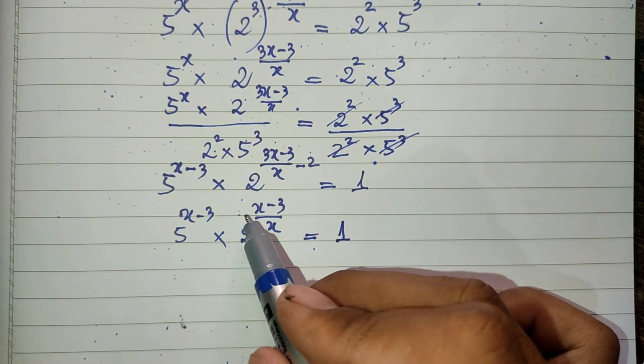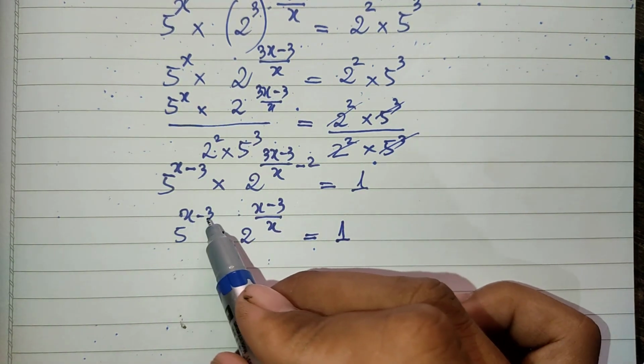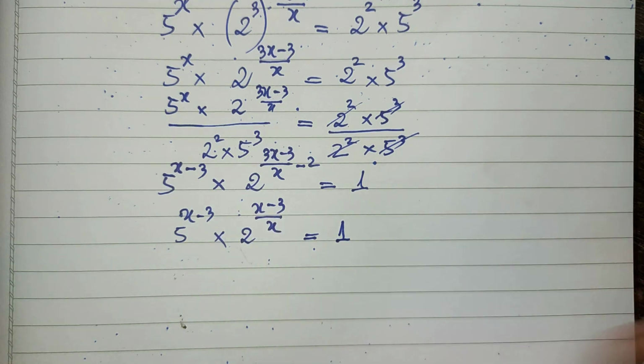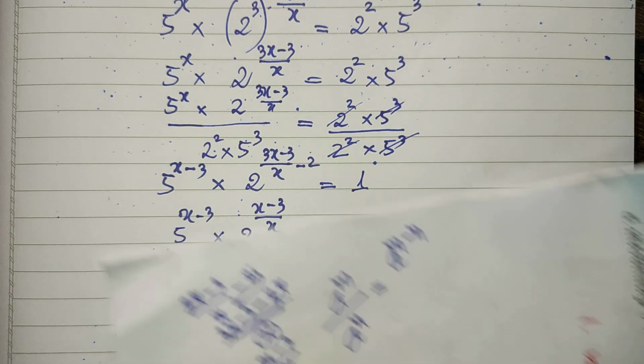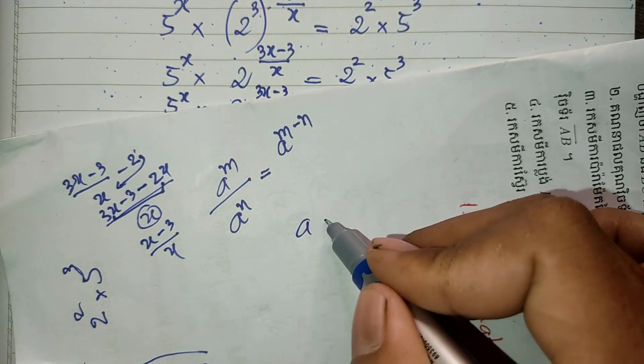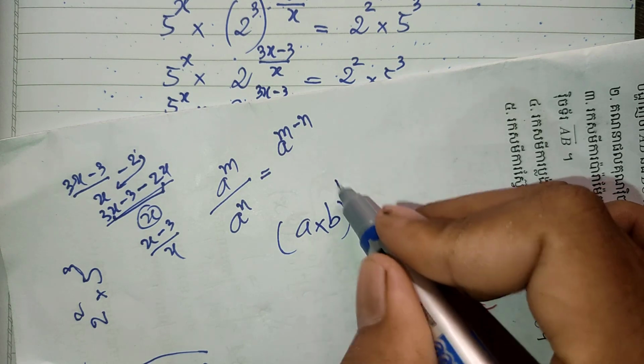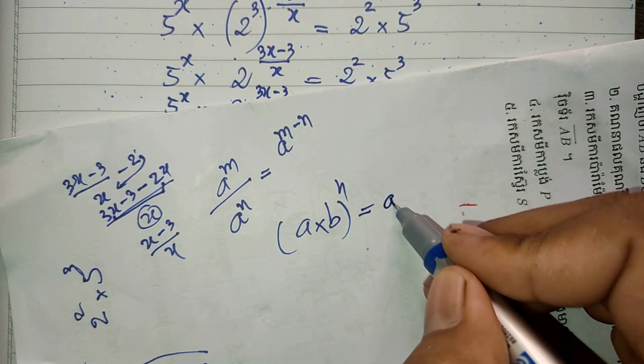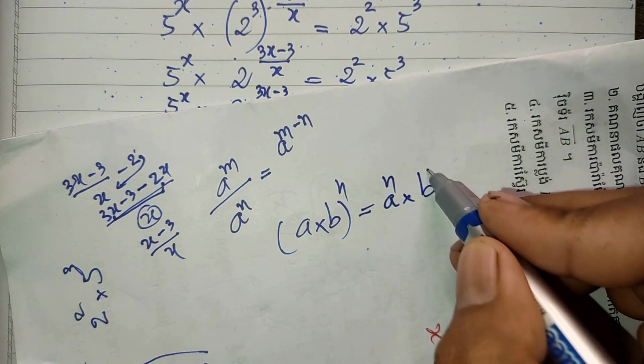Now we see this h minus 3 and this h minus 3. We use the rule that a multiplied by b, all power n, is equal to a power n multiplied by b power n.